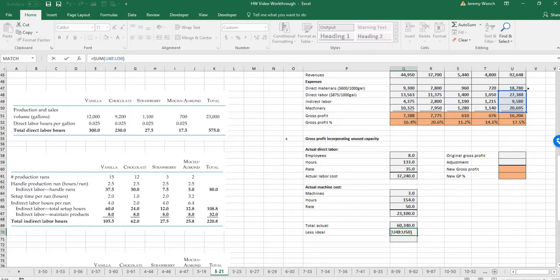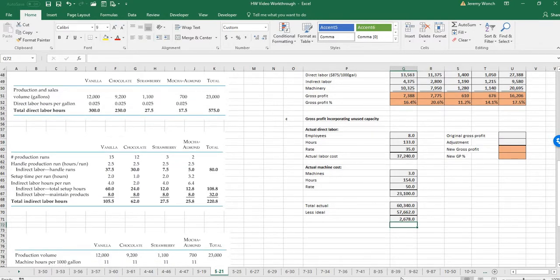We're just factoring in labor and machinery. So that means the actual cost that we're going to incur is going to be the $60,000, but our ideal cost would be $57,000. So we have an inefficiency here of $2,600.